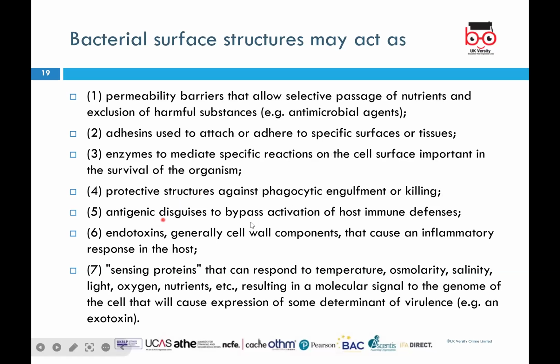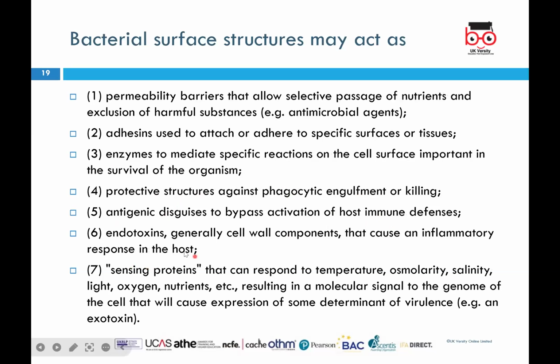Antigenic disguises bypass activation of host immune defenses. So if you give a person an antibiotic, that organism might disguise itself so that even if the antibiotic is targeting that organism, it won't impact it.